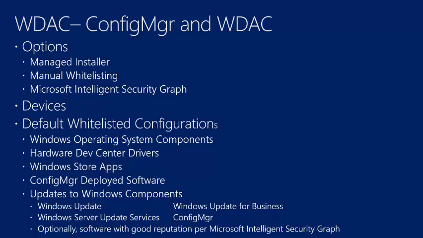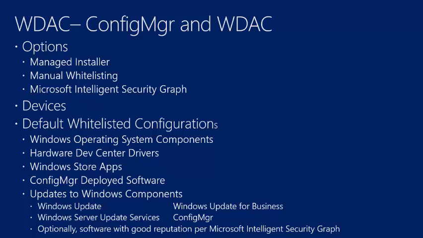So in Config Manager, whenever we build any policy at all, Config Manager is included as a managed installer, right? Now, we're not going to include anything else as a managed installer in the Config Manager policy, but certainly Config Manager will be included, which means even after you lock down the system with application control, if you decide to install an application with Configuration Manager, that application is automatically trusted, right?